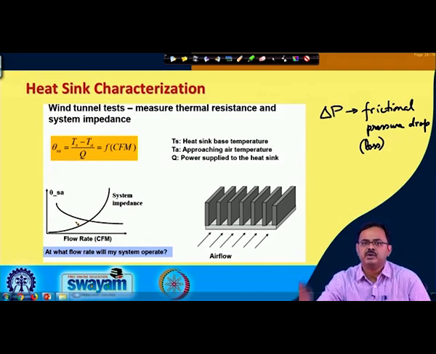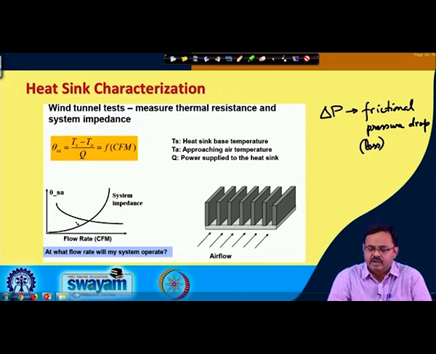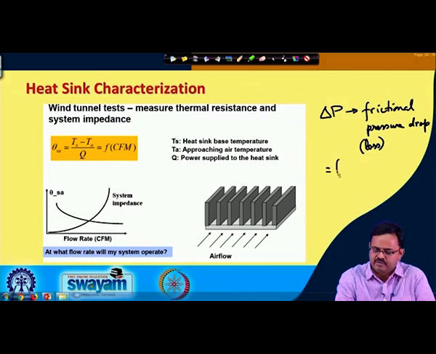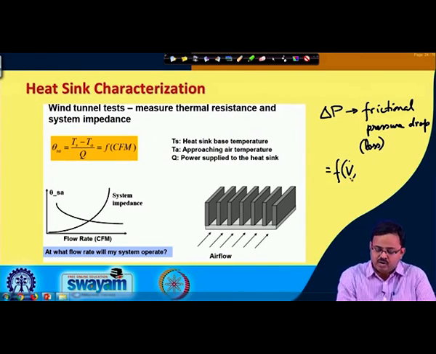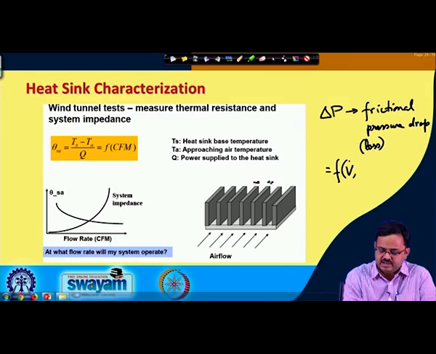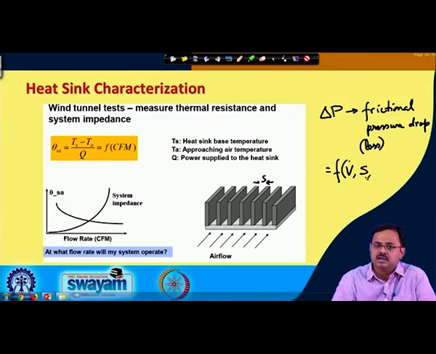What is this delta P going to depend on? For a given velocity, of course, this is going to be a function of flow rate or velocity. What else? It is going to depend on, if I say that the spacing between the fins is S, it is going to depend on S. If I say the height of the fin is H, it is going to depend on H.